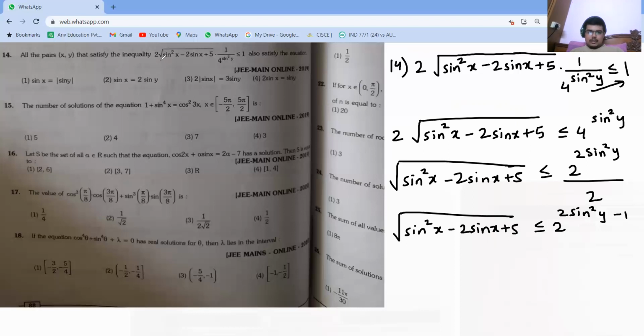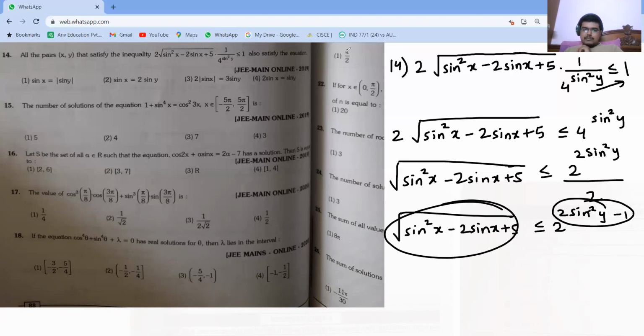I have a feeling that this root should be the power of 2. It should be 2 raised to this thing and not 2 into this thing. Then it will become much easier, and only then will it be solvable. We cannot solve this equation otherwise.